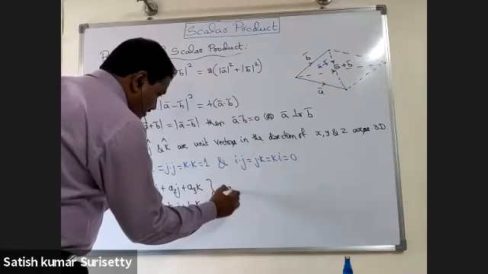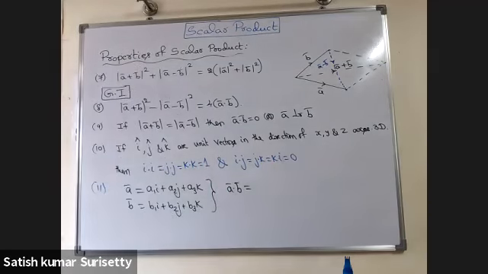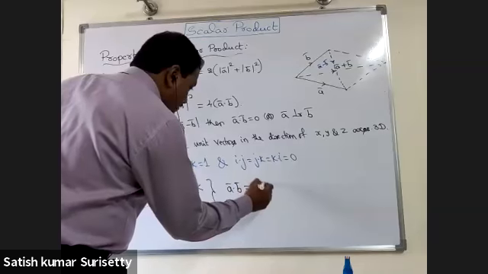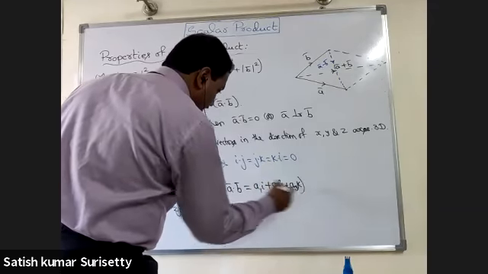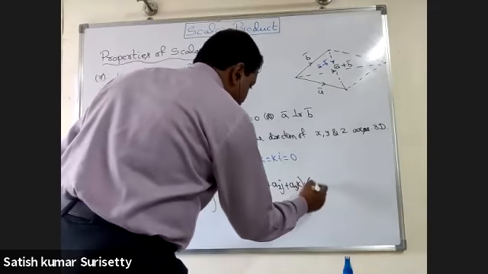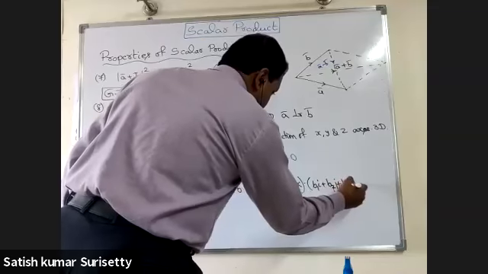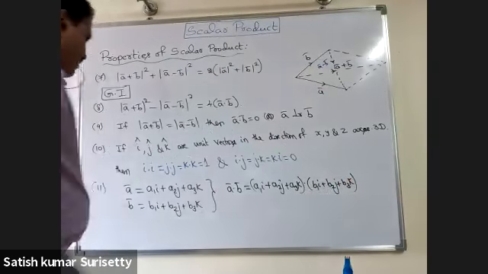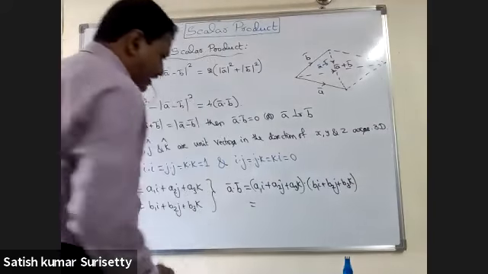Then a bar dot b bar equals (a1 i plus a2 j plus a3 k) dot (b1 i plus b2 j plus b3 k). Apply the previous properties and expand by the distributive property. Then what will I get?